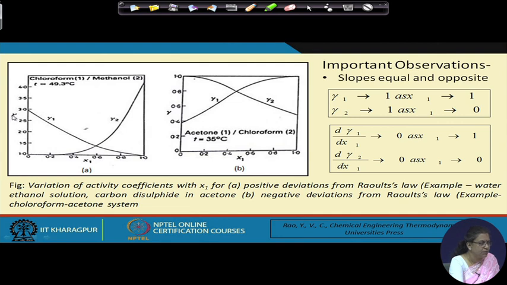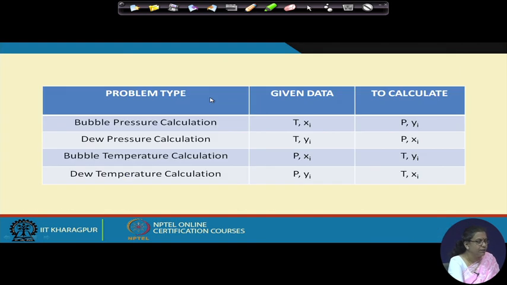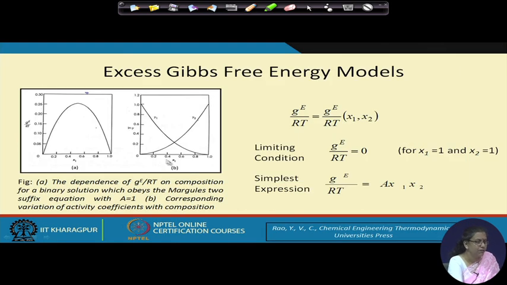The previous curves were just gamma versus x1, as a result of which we obtained curves of this sort. In this case it is ln gamma versus x1. So, we find that ln gamma reduces to 0 at x2 equals to 1, and ln gamma reduces to 0 at x1 equals to 1, right.